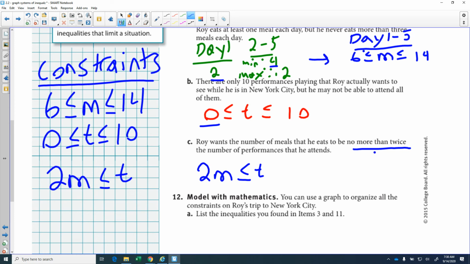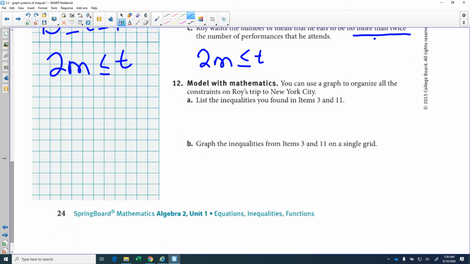So now, in this last one, basically I want us to organize all these different values. We really don't have to graph this out, I just want to look at all the constraints and how this affects the problem.